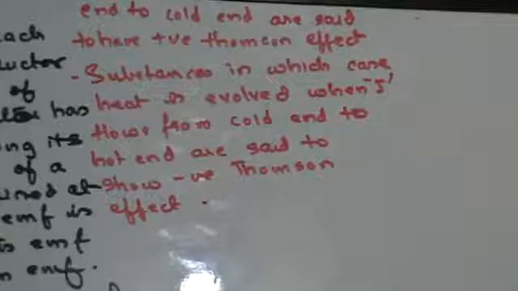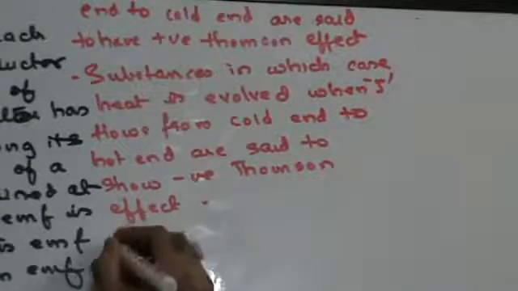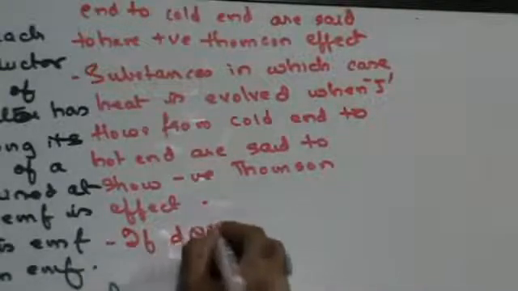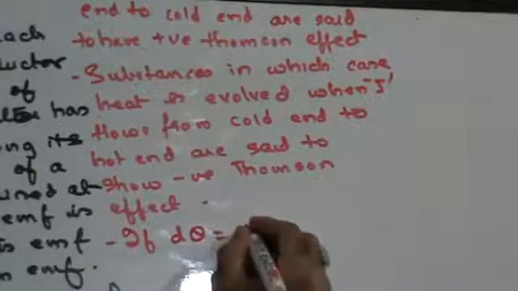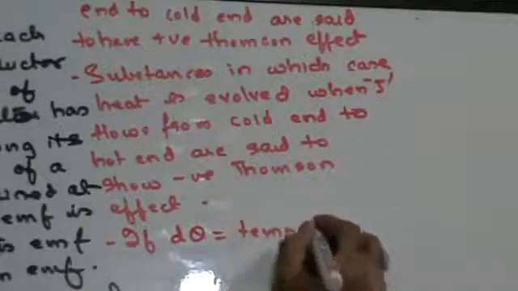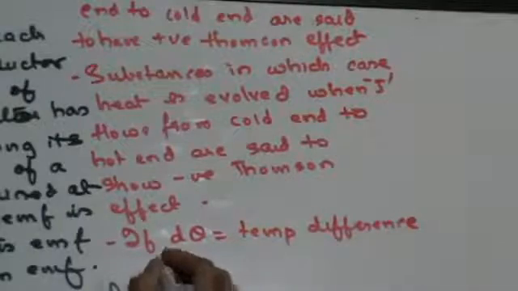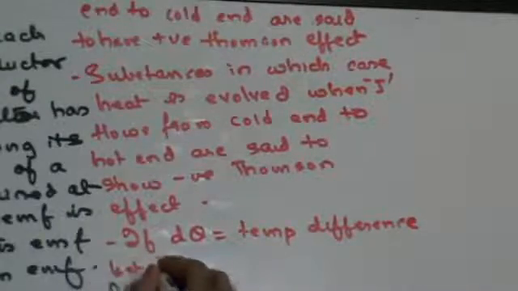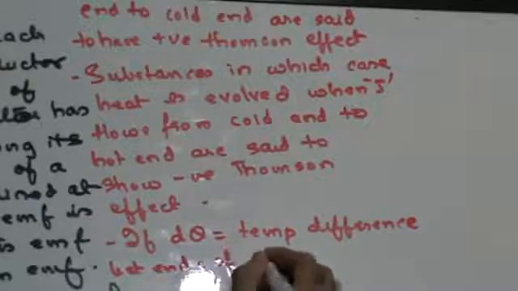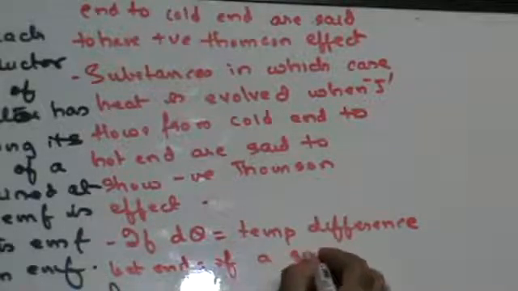Right? So you can have substances having positive Thomson effect and substances having negative Thomson effect. Now let us assume that d theta is the temperature difference between the ends of a small section of a conductor.